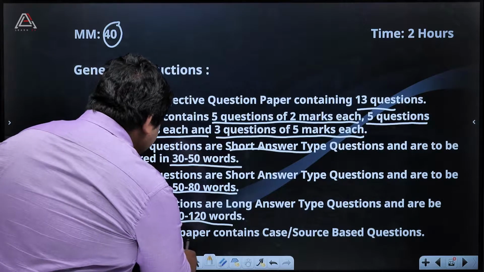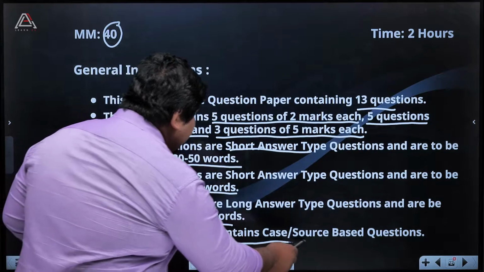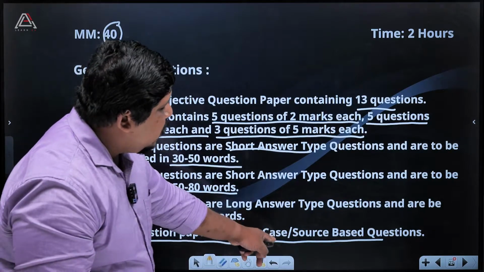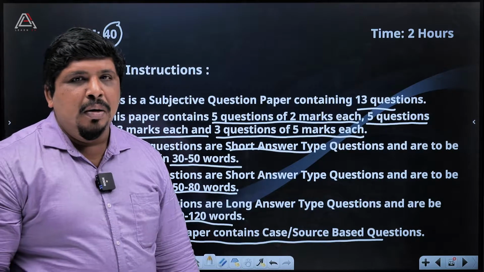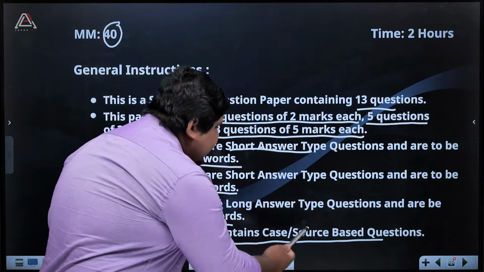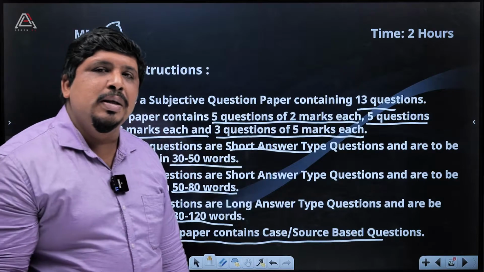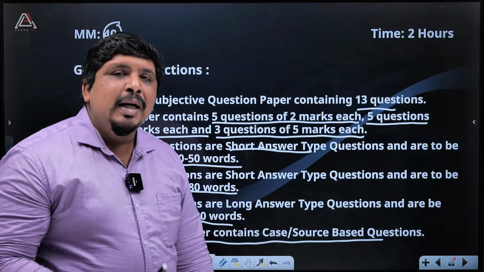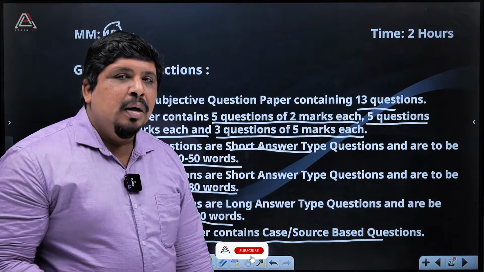Last but not least, you can find here that the paper contains case and source based questions. I think you have learned about case studies and certain sources. Those sources may be newspapers, magazines, different sources.